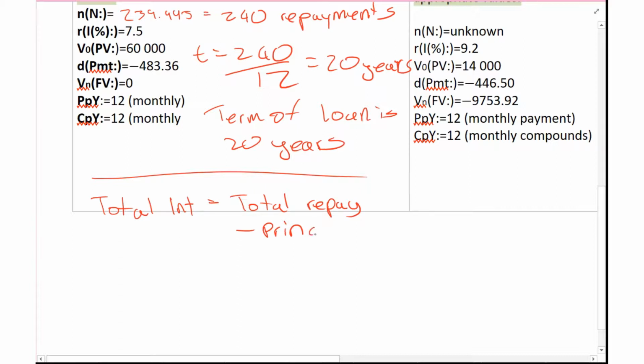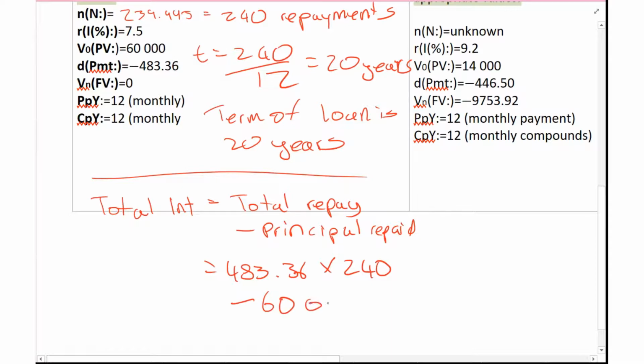So our total repayment is 483.36 times 240, because I'm paying that every month, minus the principal repaid.